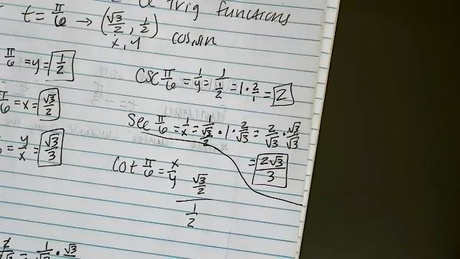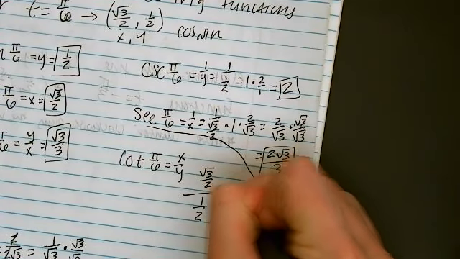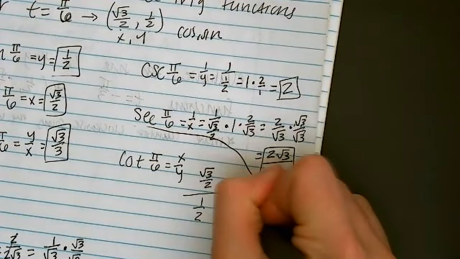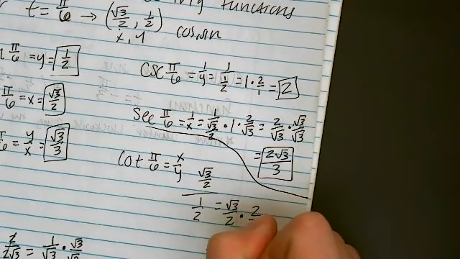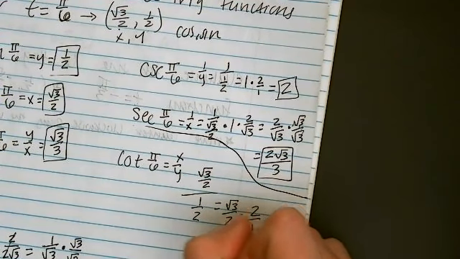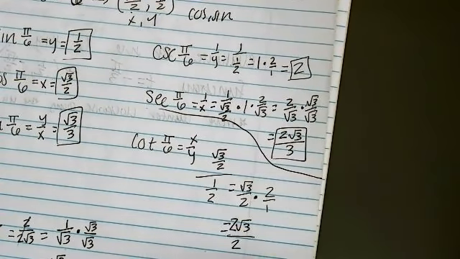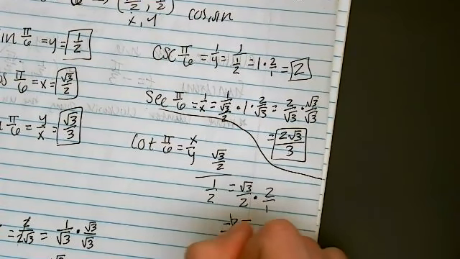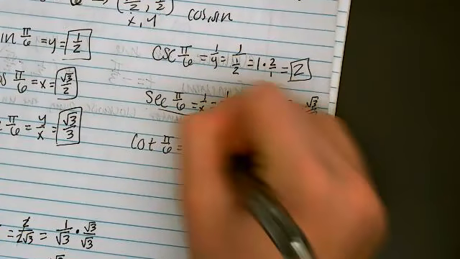So again, we keep that first fraction and change it to multiplication and multiply by the reciprocal, so by 2/1 instead, which will end up being 2 times √3 over 2 times 1, which is 2. 2/2 cancels to leave us with √3. And I'll write √3 up here as our answer as well.